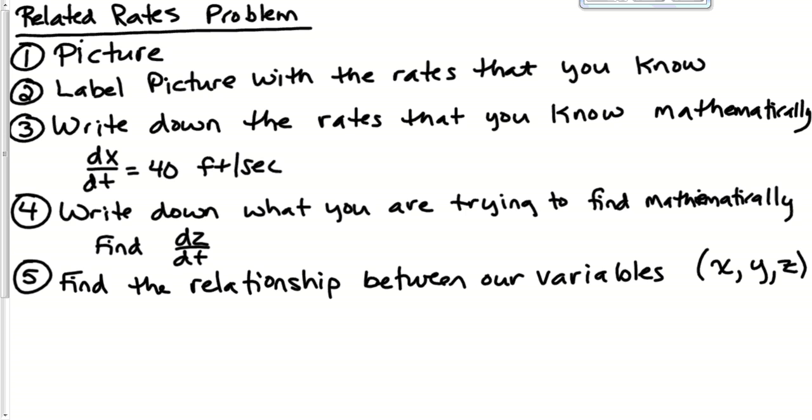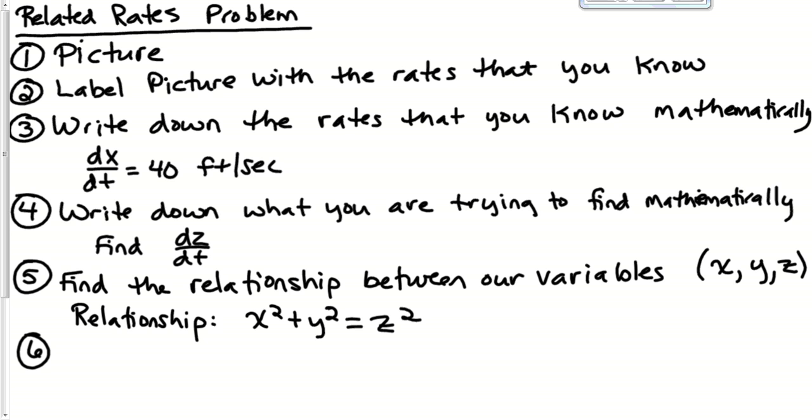And for us, the relationship was the fact that we were in a right triangle, again, going back to the picture being so important. And our relationship ended up being the Pythagorean theorem, x squared plus y squared is equal to z squared. That was our relationship.